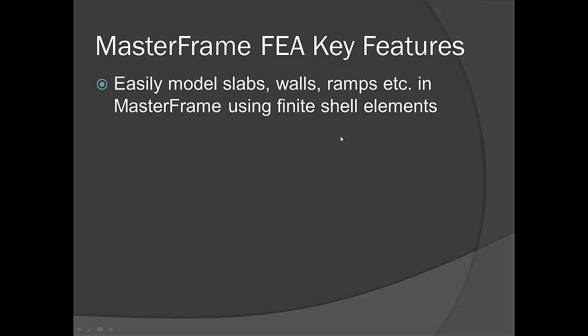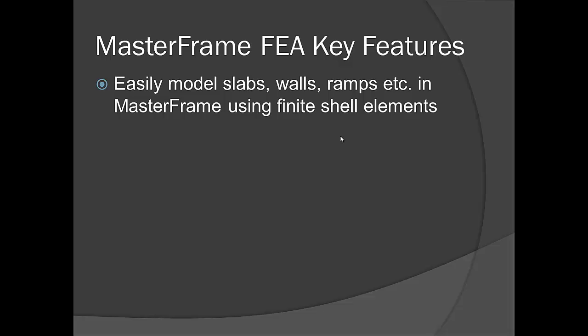Some of the key features of our MasterFrame finite element analysis, for those of you who aren't familiar with it whatsoever, is it's an analysis add-on program to MasterFrame to allow you to easily, in MasterFrame, model structural engineering components such as slabs and walls and ramps. So it is using finite shell elements.